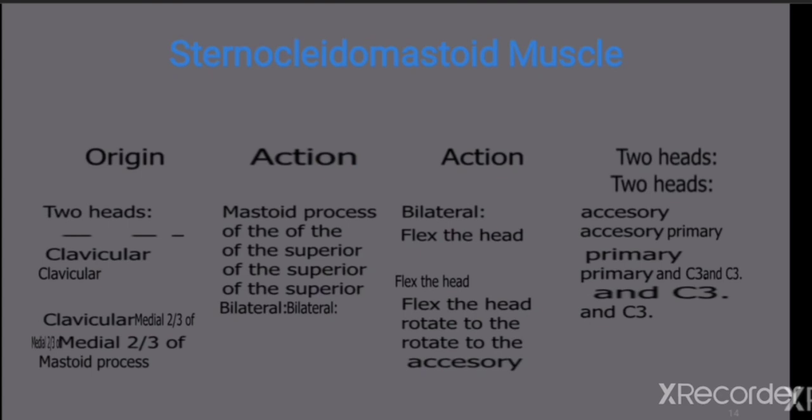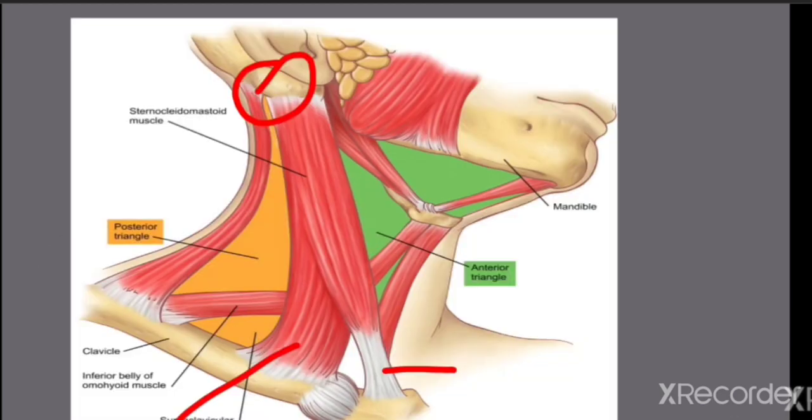So these are the sternocleidomastoid muscle attachments. It has two heads, that is the clavicular head and the sternal head. The sternal head arises from the manubrium, and the clavicular head arises from the medial two-thirds of the anterior surface of the clavicle, and the insertion is on the mastoid process.